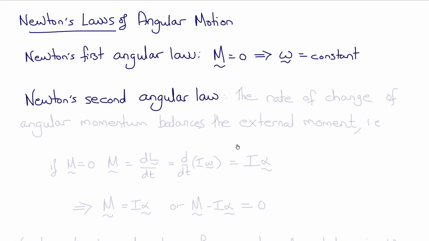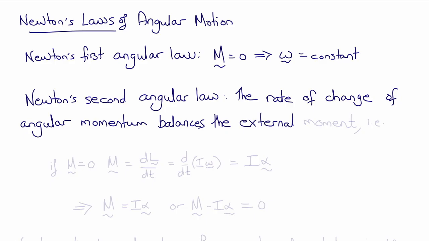Newton's second angular law states that the rate of change of angular momentum balances the external moment, i.e., if M is not equal to 0, then M is the rate of change of angular momentum, dL/dt, or d/dt of I omega.